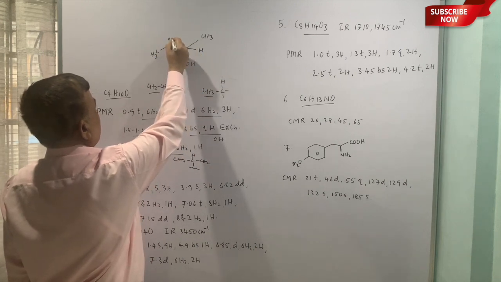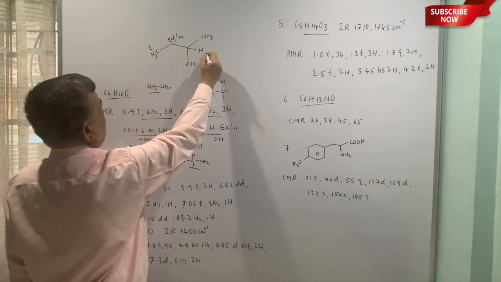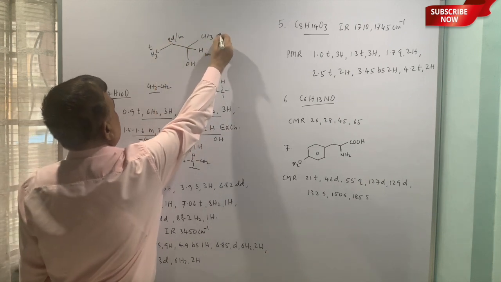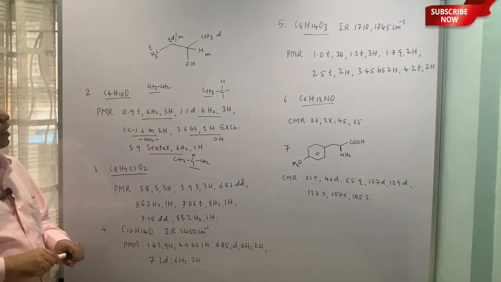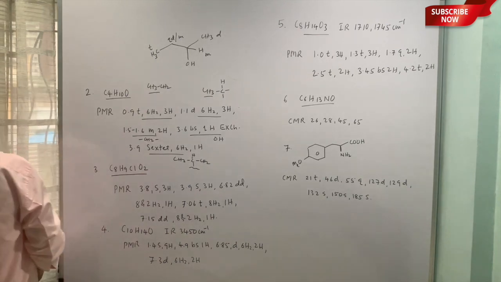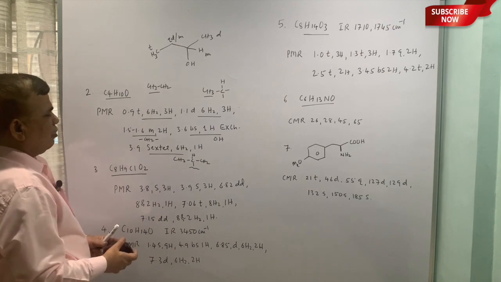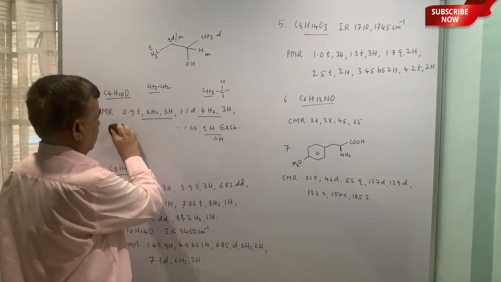So for this it is quartet of a doublet or multiplet. This is going to be triplet, this is going to be multiplet, this is going to be a doublet. So it is the secondary alcohol, 2 hydroxy butane or 2 butanol, you can say. That is the compound, a small compound but with a complex NMR pattern in that way.